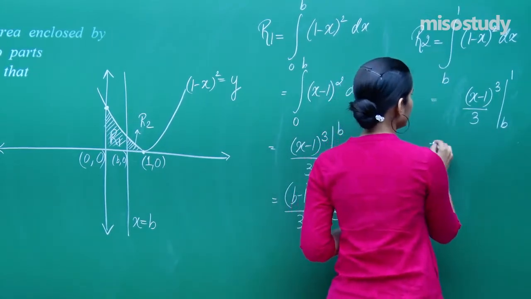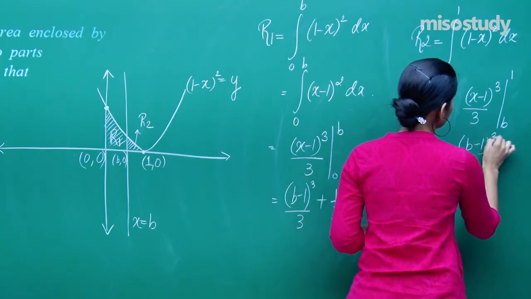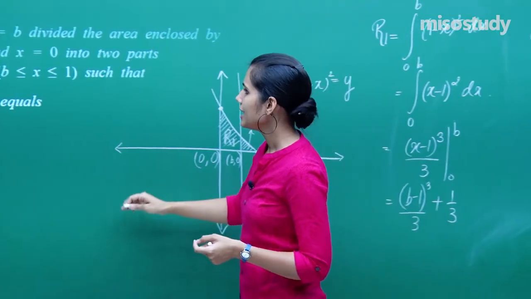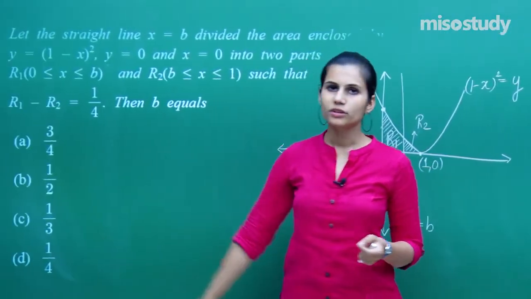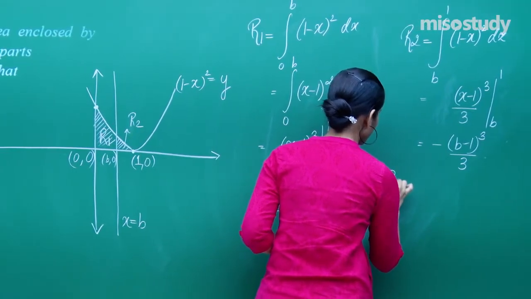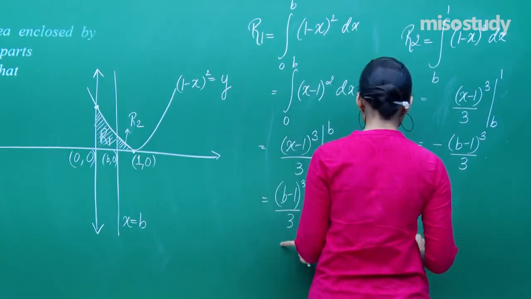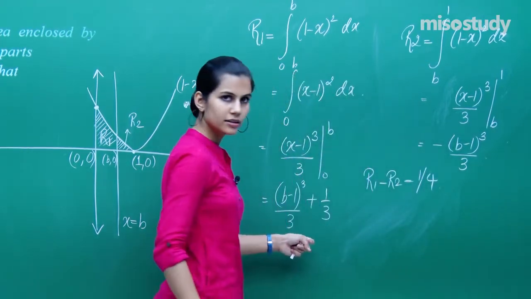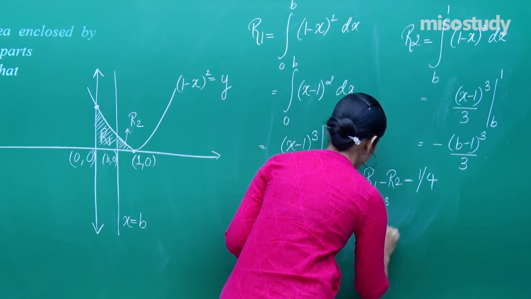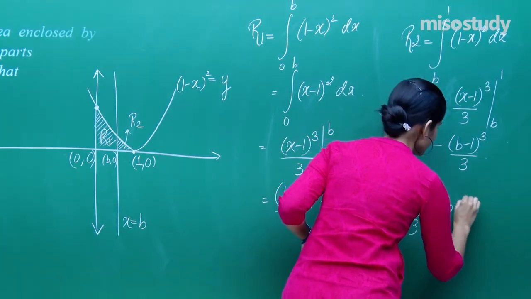So this will be 0 minus b minus 1 cube by 3. It is given in the question that R1 minus R2 is 1 by 4, then b equals what? R1 is b minus 1 cube by 3 plus 1 by 3, minus of minus.